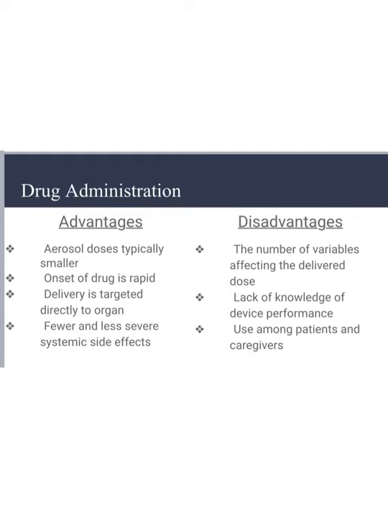And hand in hand with that can come lack of knowledge of device performance. So maybe, you'll hear so many patients when they do their inhaler with their spacer and they hear a whistle. It's not supposed to whistle. And we'll go over more about this when we get to MDIs and devices used with them.